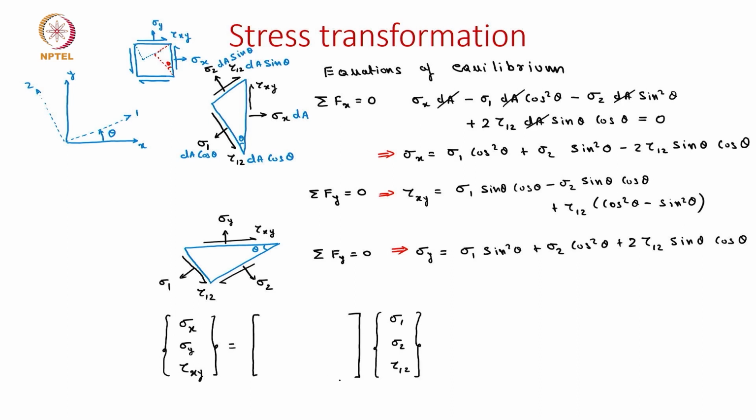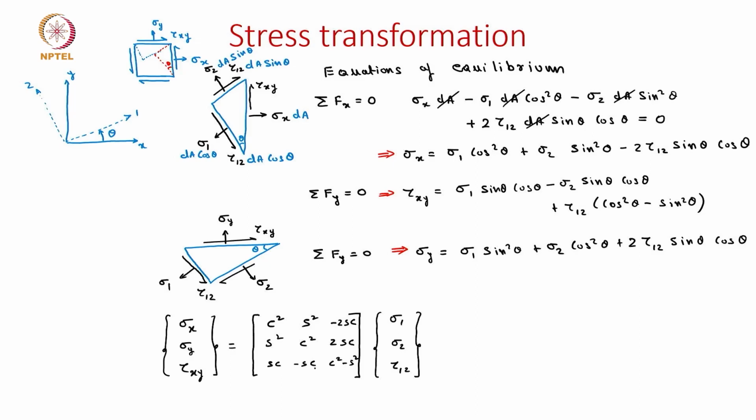And what are the components of this matrix? Looking at these equations, one should be able to write it. We will write C square, where C stands for cos theta and S stands for sin theta, then S square, minus 2 S C, S square, C square and 2 S C, and lastly for the shear stresses we will write sin theta cos theta, minus sin theta cos theta, and cos square theta minus sin square theta.